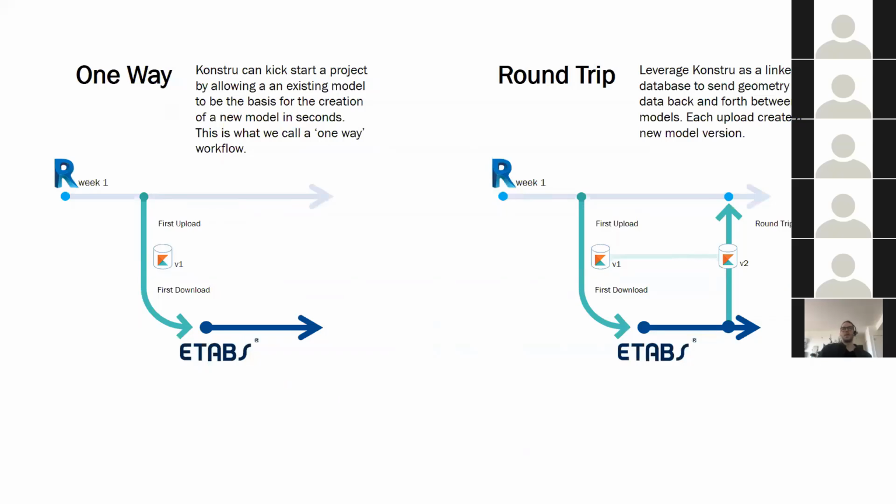And the good thing is all the metadata of the model is being kept. Now, as we see in the round trip on the left-hand side, if that model gets uploaded, then downloaded into ETABS, someone can merely just update the model. In other words, we can pretty much work with one Konstru model the entire time throughout the initial phases of a project, potentially.